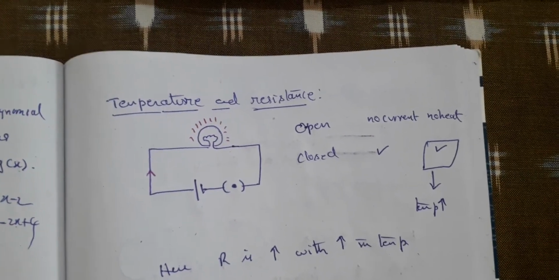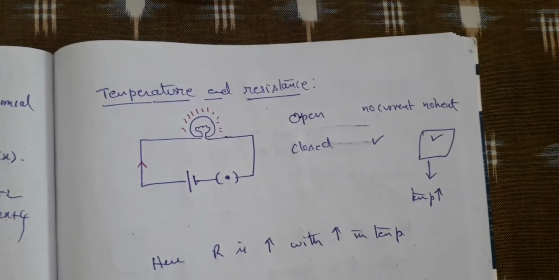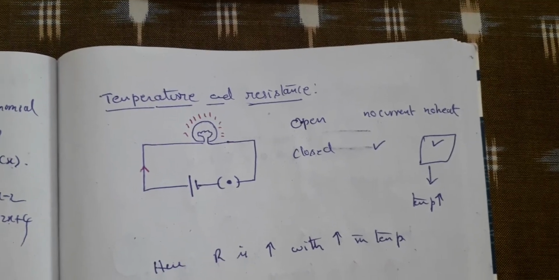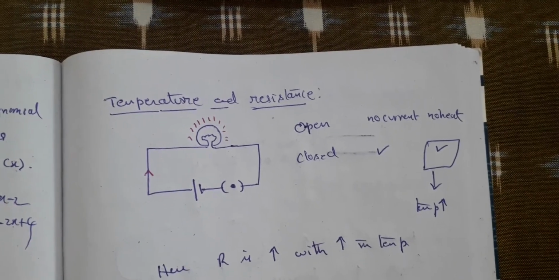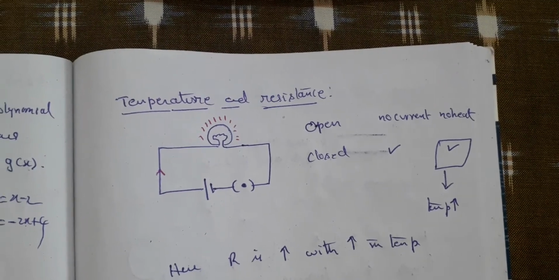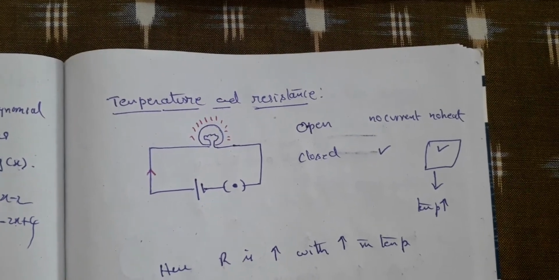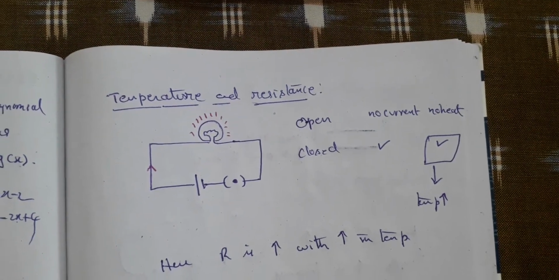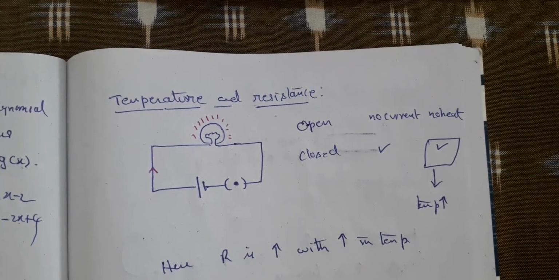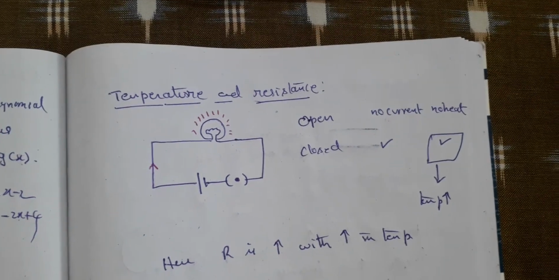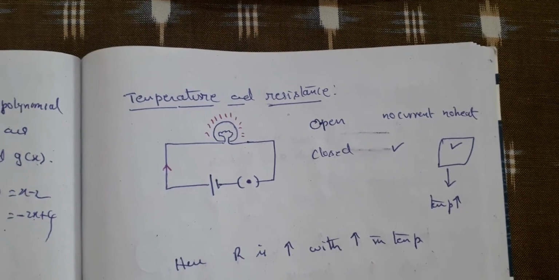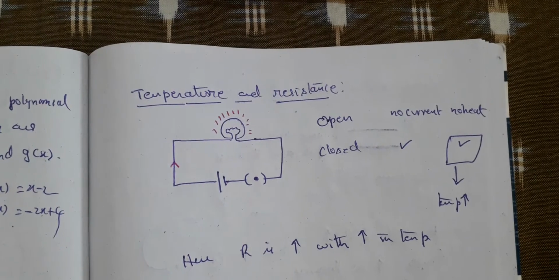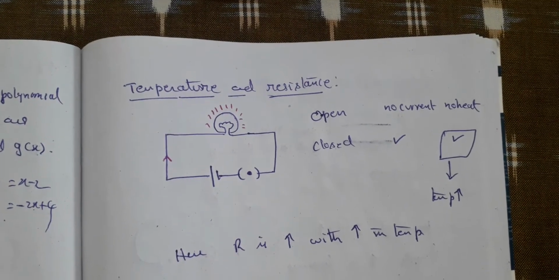After noting it down, now connect the battery. What happens? The bulb glows. After a certain time, you note down the resistance of the filament of the bulb. If you see the difference between the resistances, you can see that in the second case, resistance is increasing.